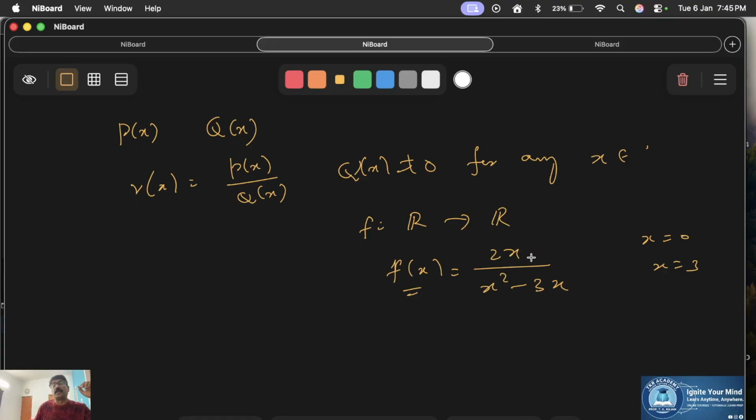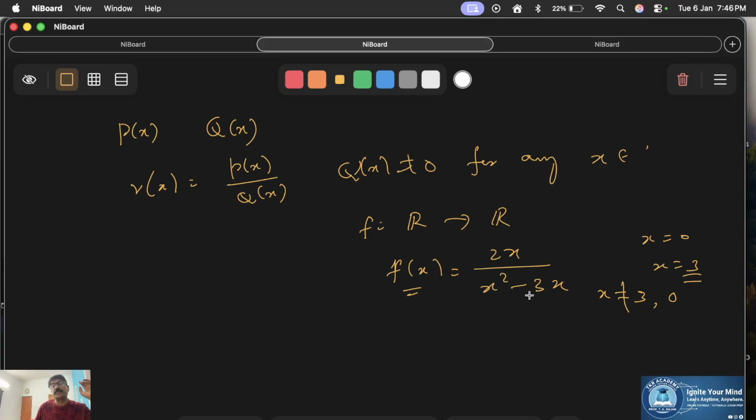But x equal to 3 makes the denominator 0, so this function is not defined for x equal to 3. For the time being you can take 0 also, because later you will be seeing that for x equal to 0, this limit etc. may exist. By cancelling this, you will get 2 divided by x minus 3.